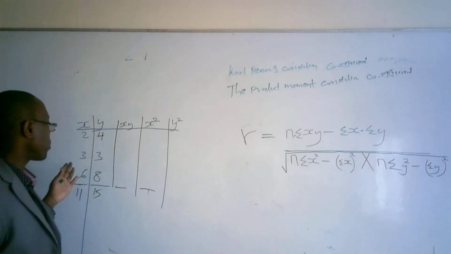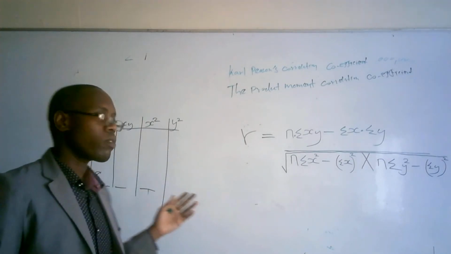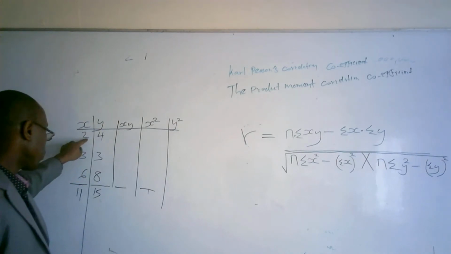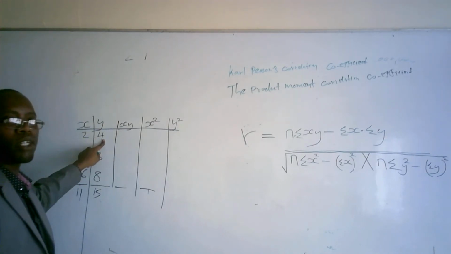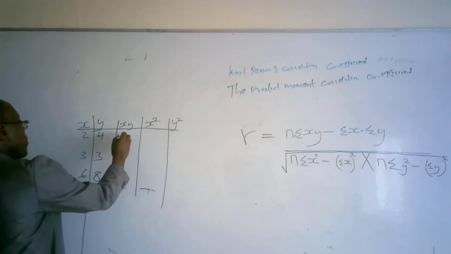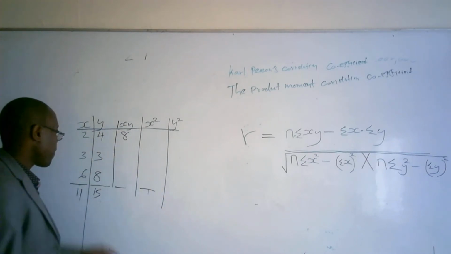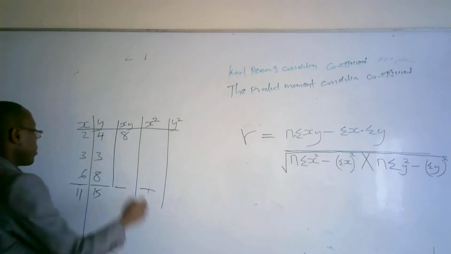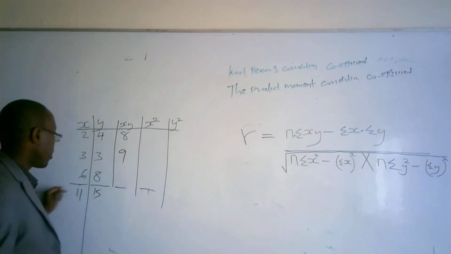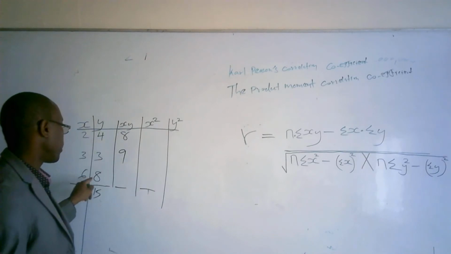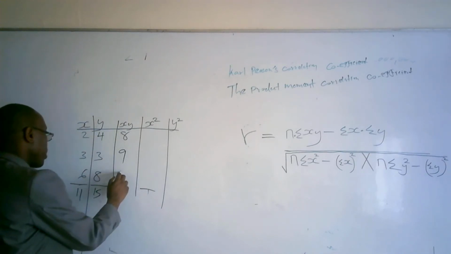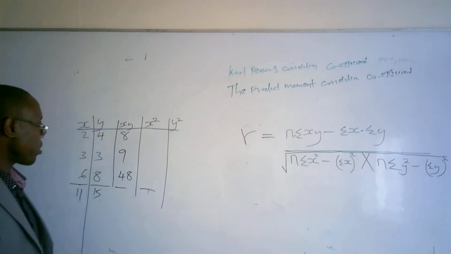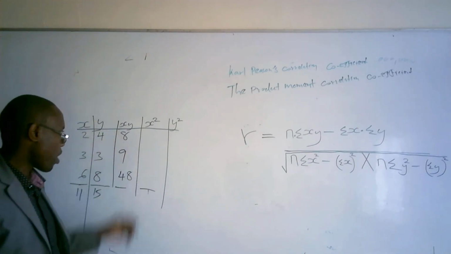So xy simply means that we calculate 2 times 4, which is going to be 8, and then 3 times 3, which is going to be 9, and then 6 times 8, which is going to be 48. So now we have xy.